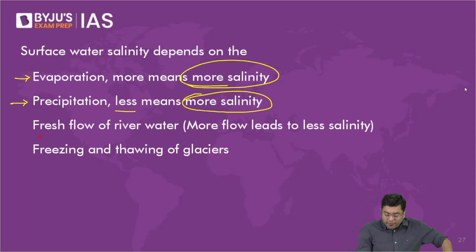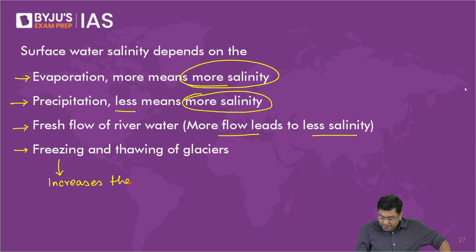Okay. Then fresh flow of river water. When river water empties into the ocean, that decreases the salinity; more flow leads to less salinity, right? And freezing and thawing, meaning breaking and melting. Freezing will increase the salinity.